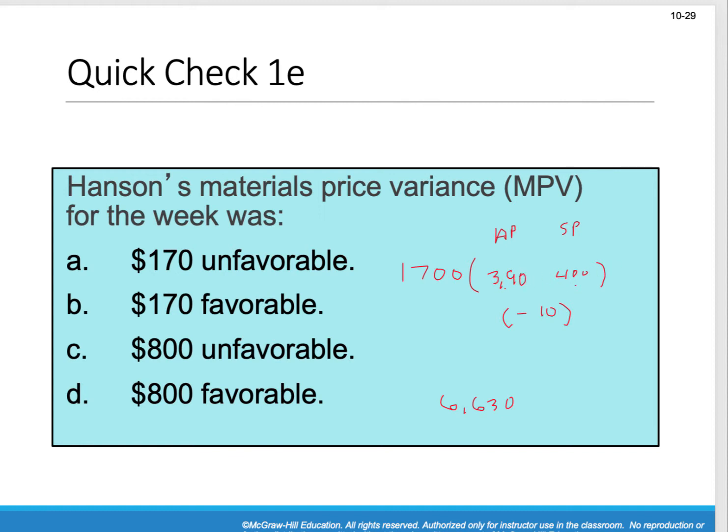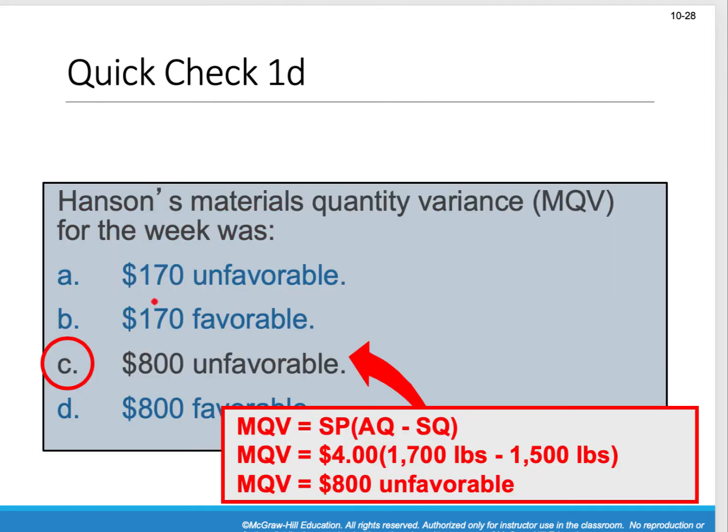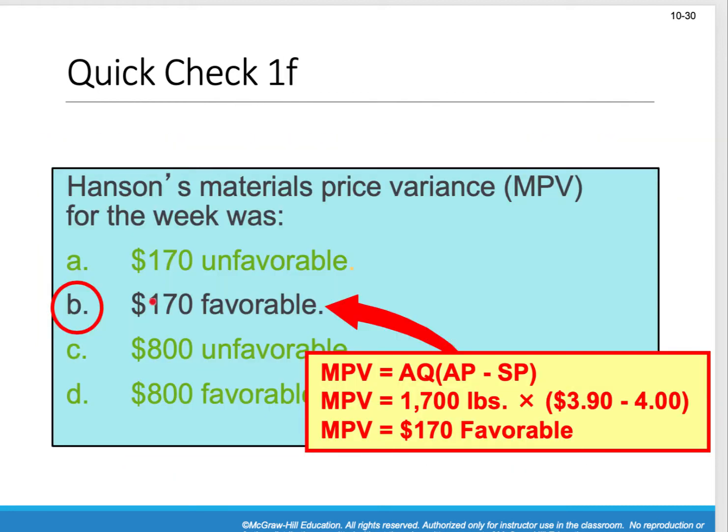So right off the bat, we know we're favorable, right? We're favorable by $170. So our answer is going to be B. Okay.